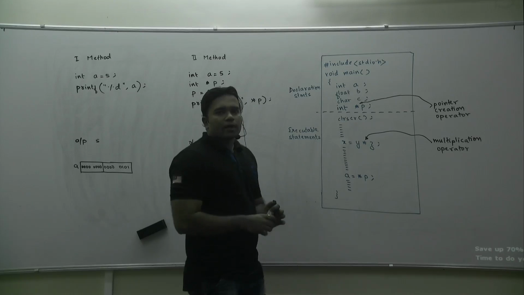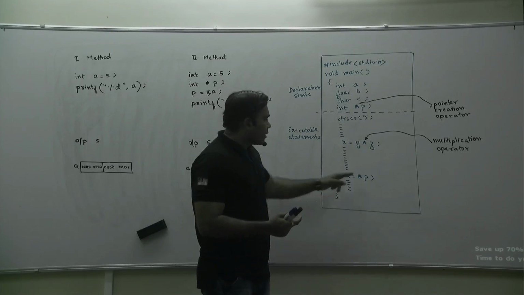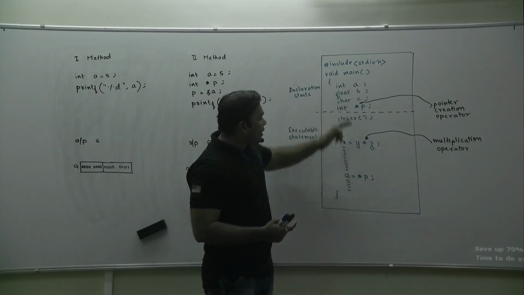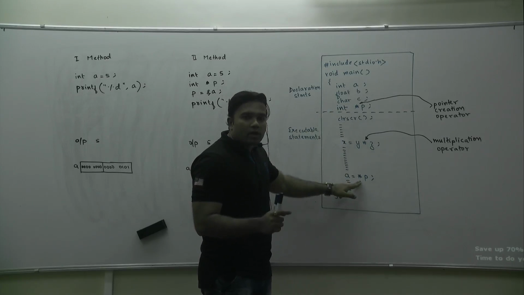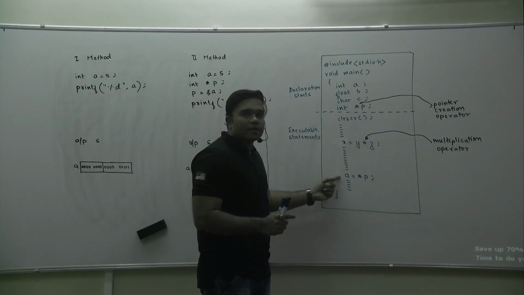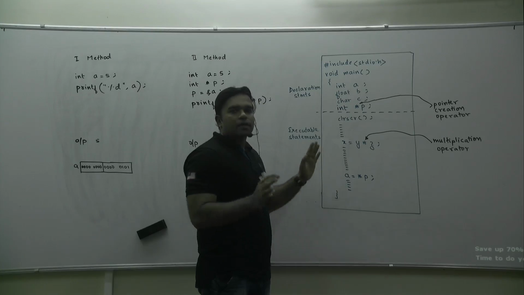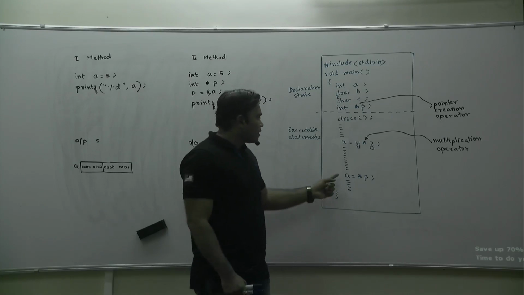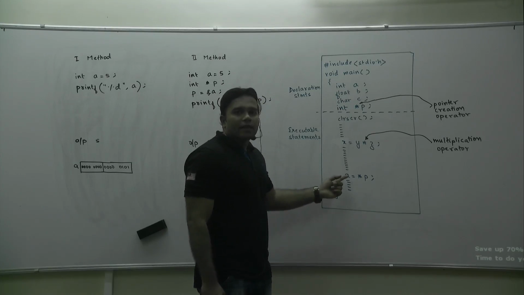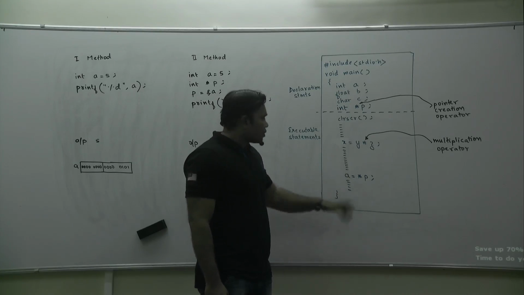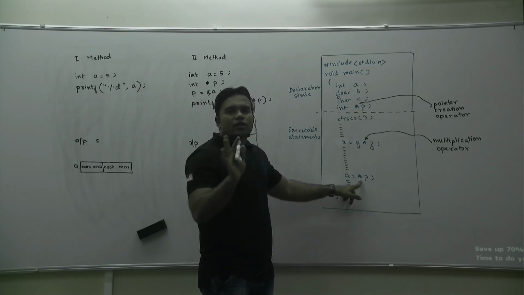No, it's not pointer creation. It may appear like this, but it's not a pointer creation operator because it is not a declaration statement. It is not beginning with a data type. It is an executable statement. So 100% this star is not a pointer creation operator.